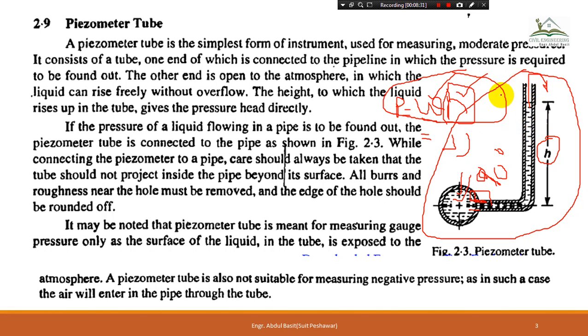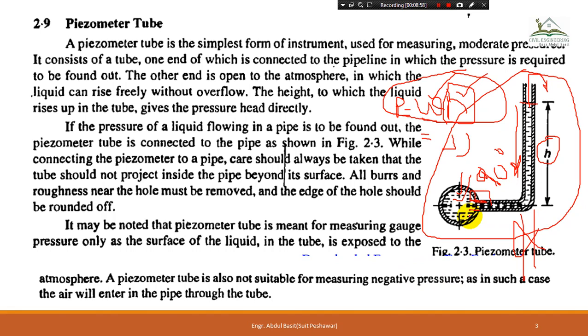Secondly, negative pressure cannot be determined over here. Negative pressure means that the level of the water raised in the piezometer should be in the negative direction. As you can see, there is no negative direction available for us, there is no pipe over here, so no negative pressure can be determined with the help of this device.